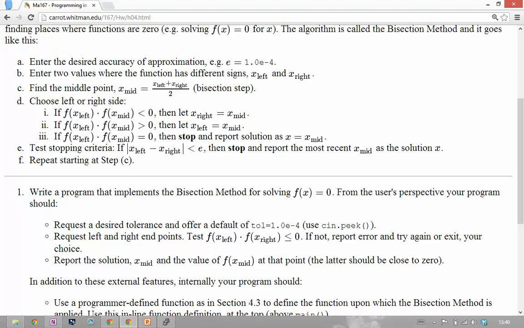Else, if bigger than 0, then xl equals xm. Else, if f of xl times f of xm equals 0, then stop. Why stop? And which one is the solution?